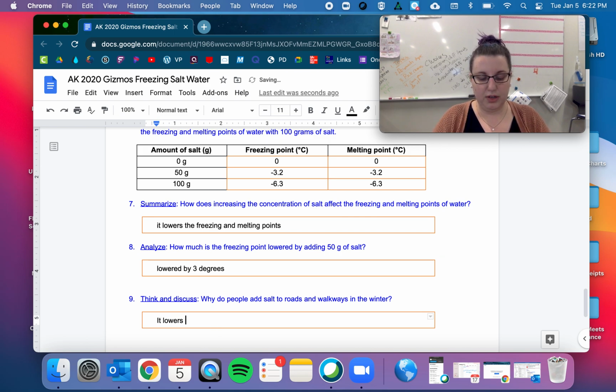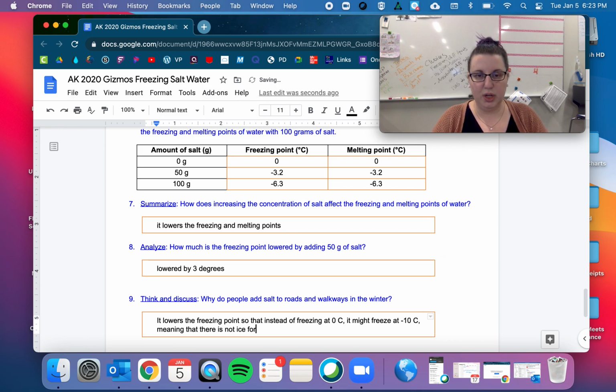It lowers the freezing point so that instead of freezing at 0 degrees Celsius, it might freeze at -10 degrees Celsius, meaning that there is no ice as it gets colder.